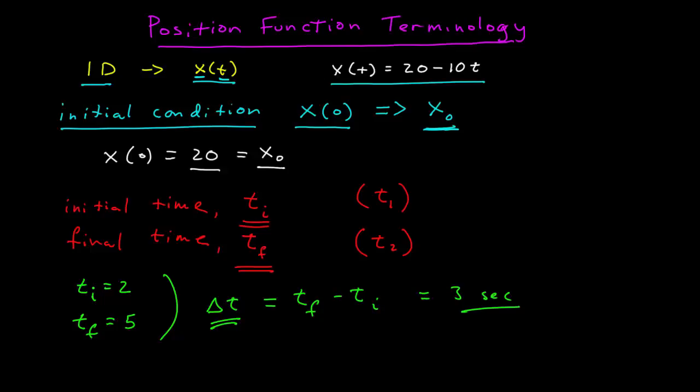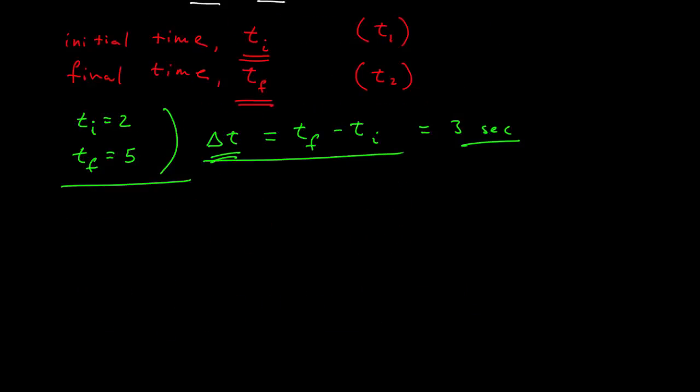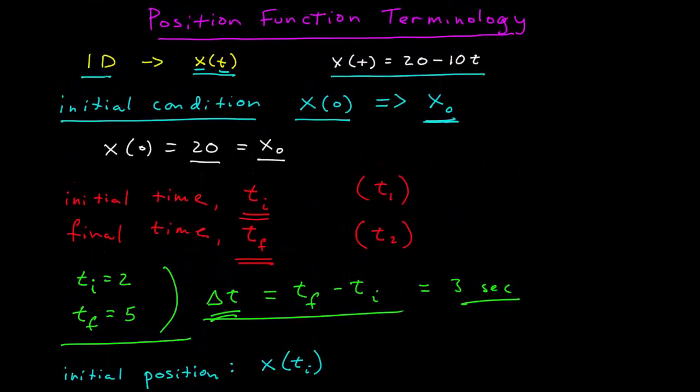If we are interested in some initial and final time, what we're interested in is the positions at those times. We have what we'll call the initial position, which would be the value of our position function evaluated at the initial time. It's not unlike what we have here, the initial condition.